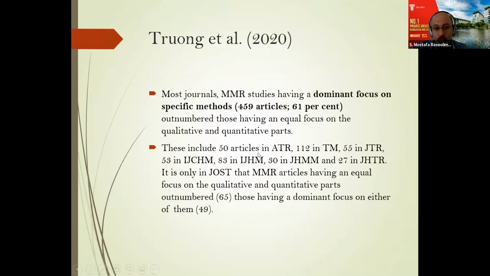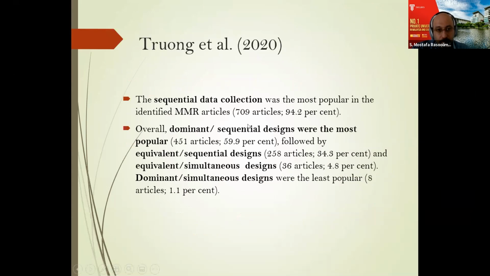If I go back again to these 753 papers, you can see here the sequential data collection, that most of these sequential designs are exploratory, so started by qualitative and continued by quantitative, is 94% of papers.